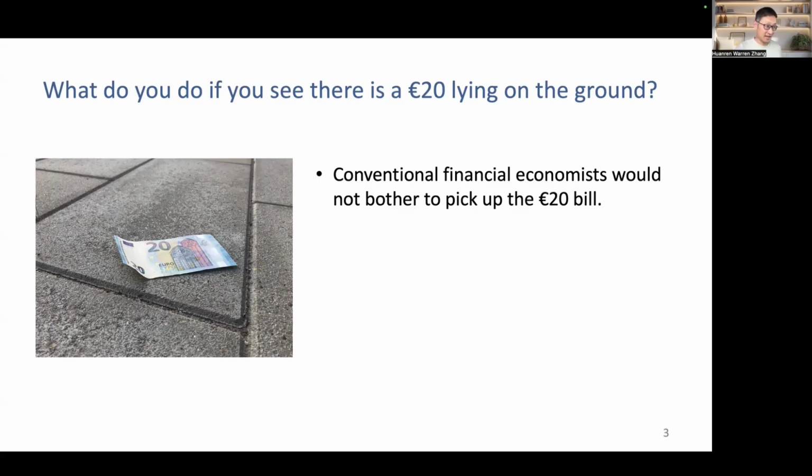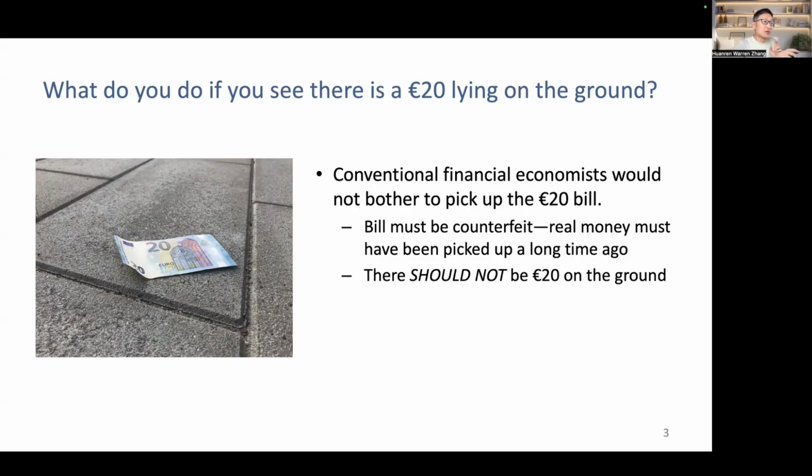Why is that the case? Because if you assume people are rational, that bill you saw must be counterfeit, because real money must have been picked up a long time ago. So there will be no chance for a real 20-euro bill lying on the ground without anyone picking it up.